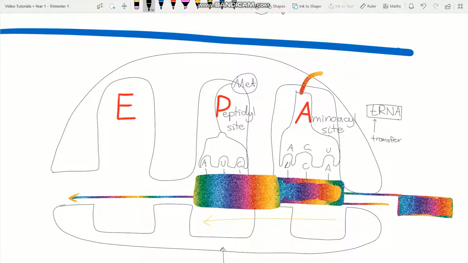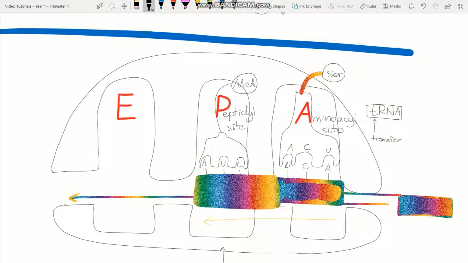As the particular amino acid is now alanine, the tRNA molecule will ferry this amino acid. Sorry, just to correct, this amino acid is actually serine.